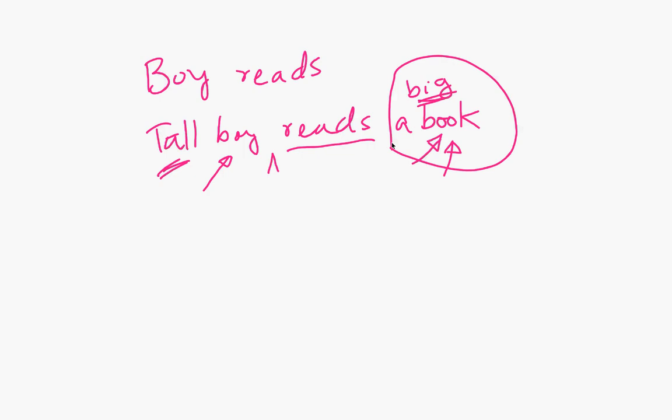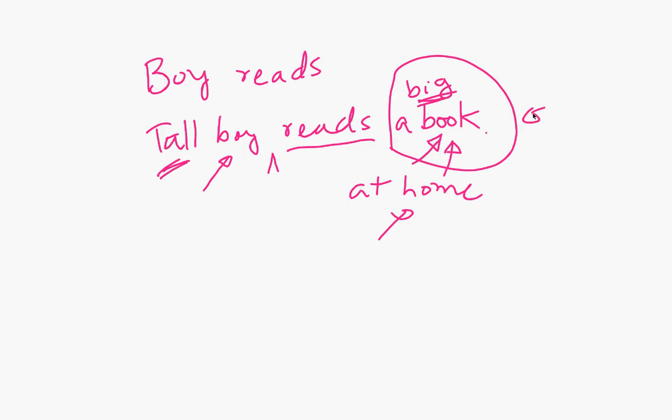Now, a question could come: tall boy reads a book. Where is he reading the book? Is he reading it on a road, or is he reading at home? So that kind of nouns also can be added here. Tall boy reads a book at home. So more words can be added like this.